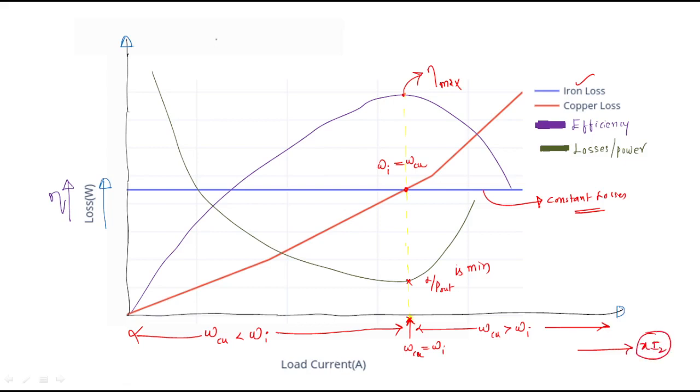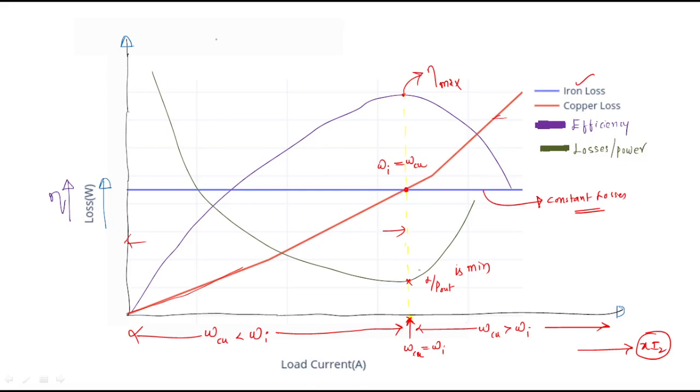Initially the load current is very low, that's why the copper losses are very low, right? If we increase the load current, gradually the copper loss graph also increases. From here to here, this magnitude is very small compared to this magnitude. That's why copper loss is less than iron loss. At this point both are equal. After this, the copper loss component is more than the iron loss component.